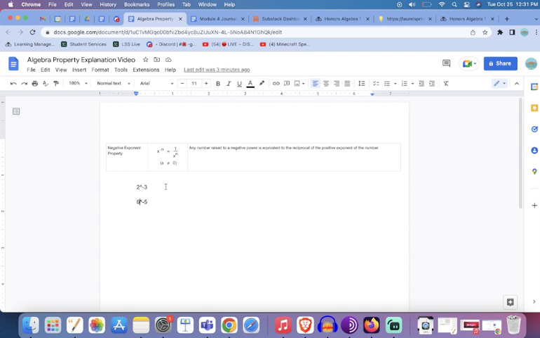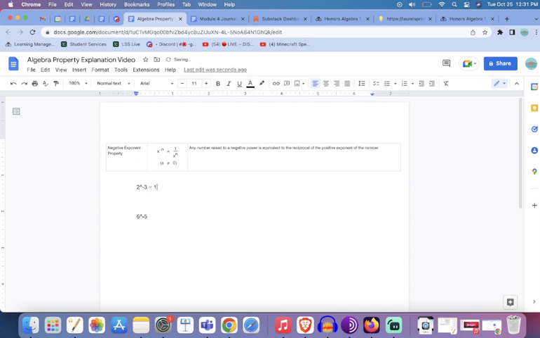2 to the power of negative 3. We would have to put this as the denominator in a fraction and put 1 above it. So let's do this.